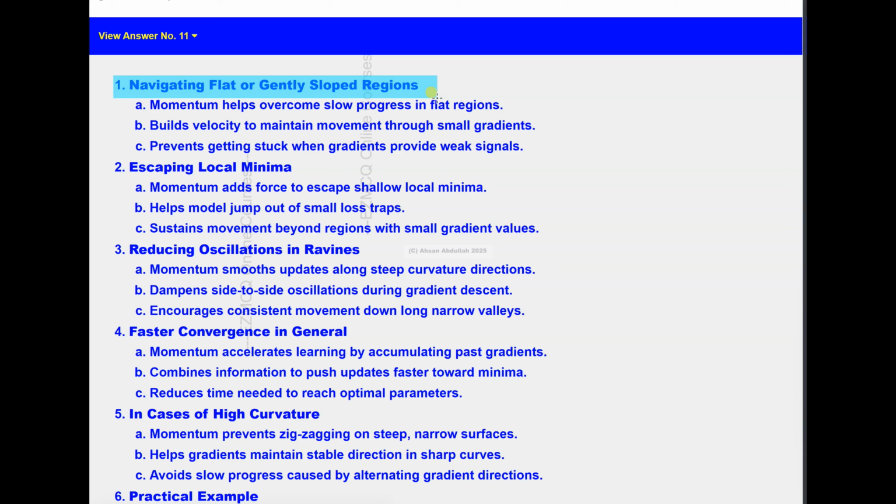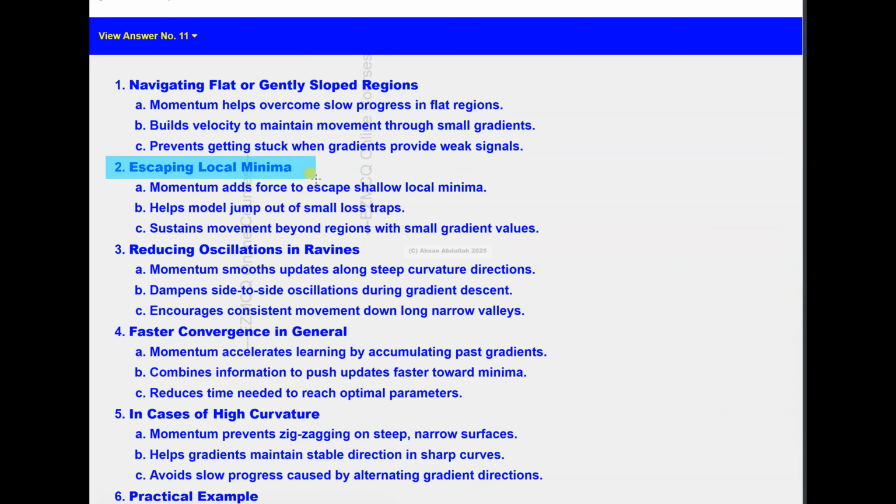Because it's flat and the gradient is close to zero. But momentum helps maintain velocity by accumulating the past gradients. That's what momentum is. That enables the optimizer to continue to progress through those regions instead of stalling due to weak updates.